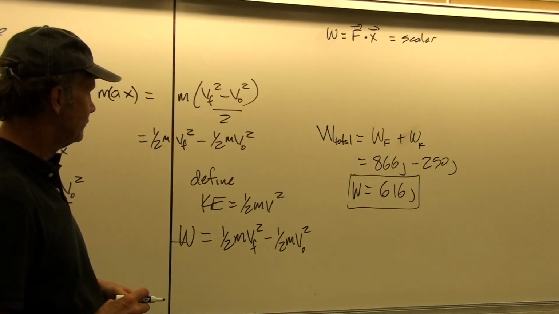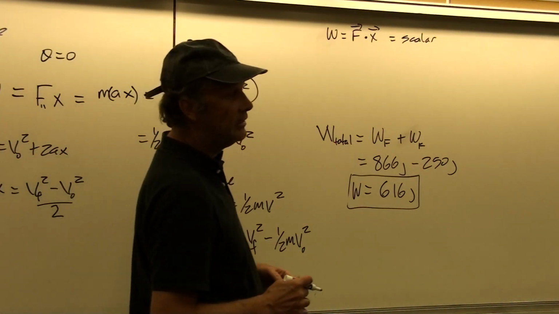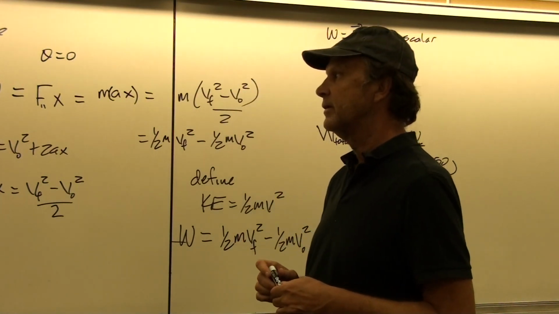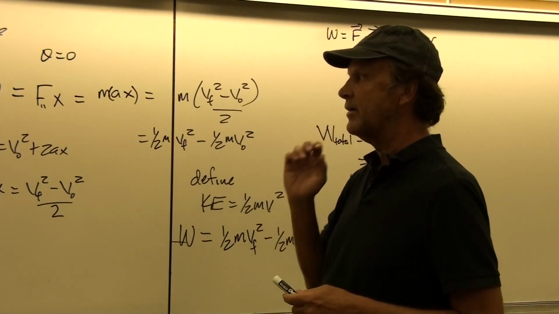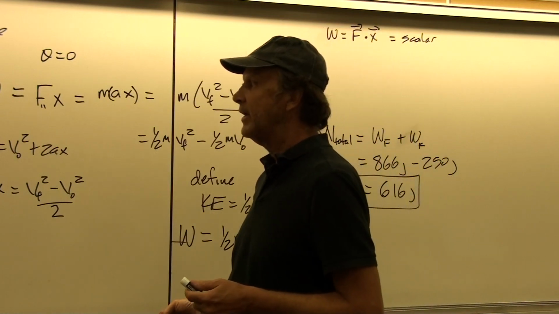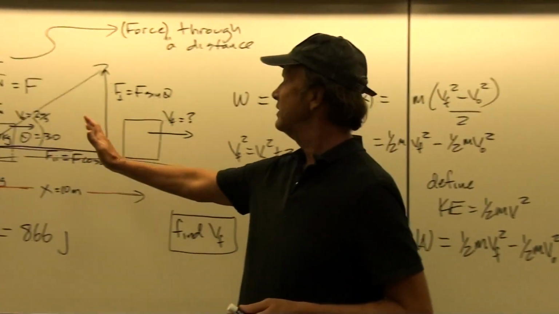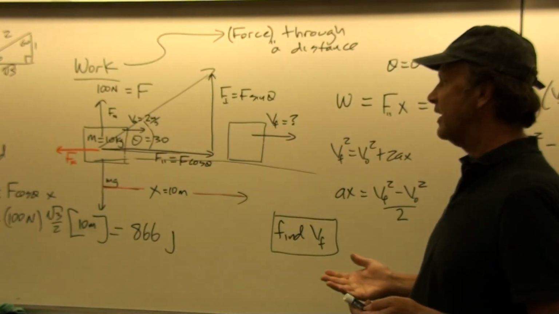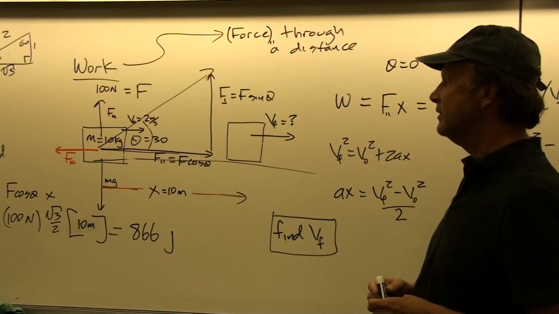We can just set that equal to the difference in 1/2 mv squared and then solve for V final. That's our only unknown. So you might say, well, we could already have done that, because before we learned Newton's second law, so we get F equals ma, and then once we have the acceleration, we can use this as a kinematics problem to find v final. And so that would be correct. You could do it that way too.